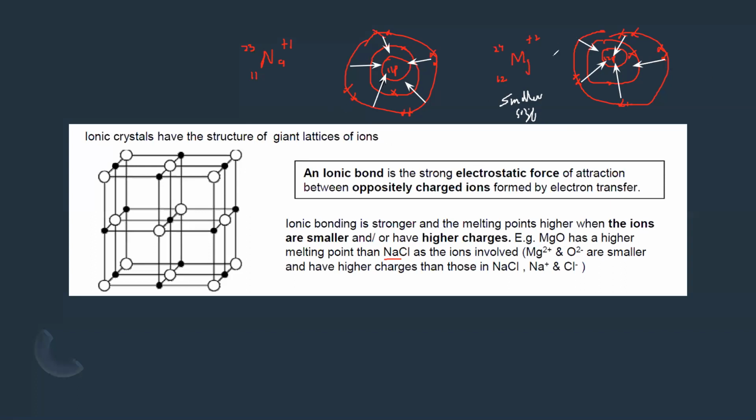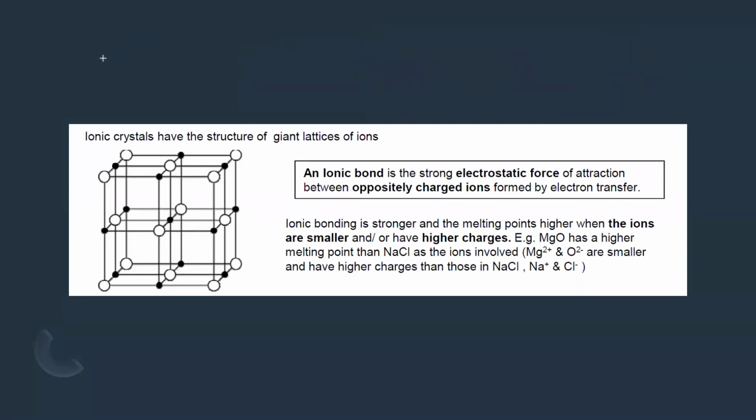Now, what is the advantage of this small size? When size is small, the ions are closer to each other. So if there is a compound involving magnesium and oxygen, and another compound which involves sodium and oxygen or sodium and chloride. If this is a sodium ion, and then there's oxygen with a charge of -2.